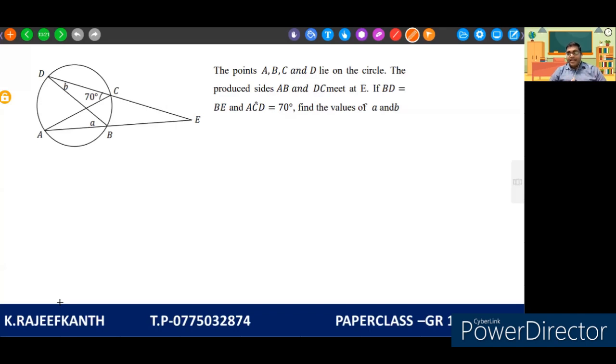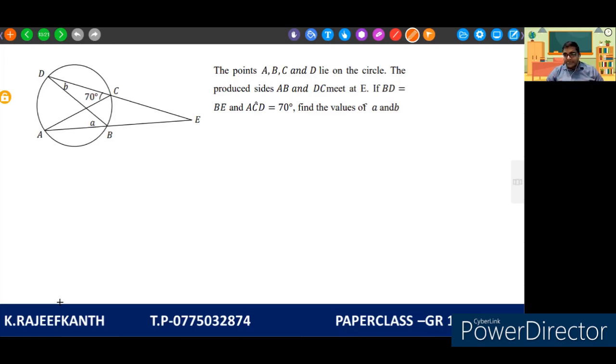So we have to find which theorem we are going to use in this question. Because A, B, C, D are on the circumference of the circle, we know that ABCD is a cyclic quadrilateral, so we can apply that theorem also. Then we know that BD and BE are equal, then triangle BDE is an isosceles triangle.